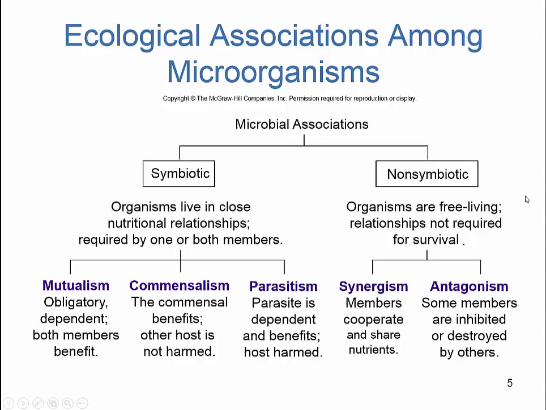By free living, these are organisms that do not require one another. There's not a host-parasite relation. There's not a host-commensal relationship. It is indeed two individual microbes that happen to be in the same environment. So two different bacteria that do not need one another to survive. Synergism is when these members cooperate and they share nutrients.